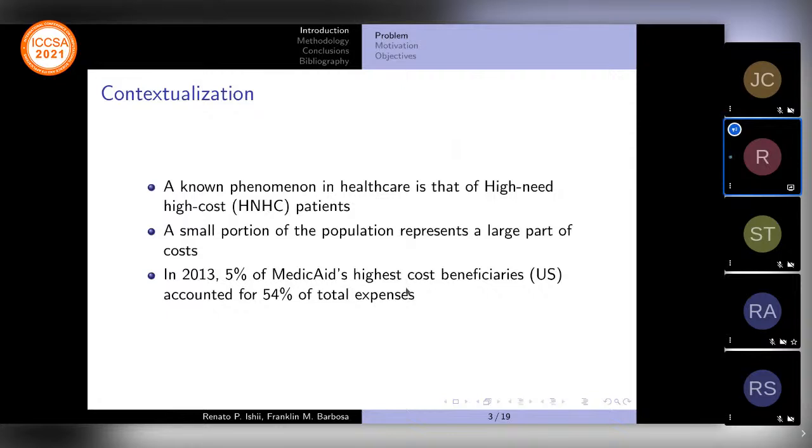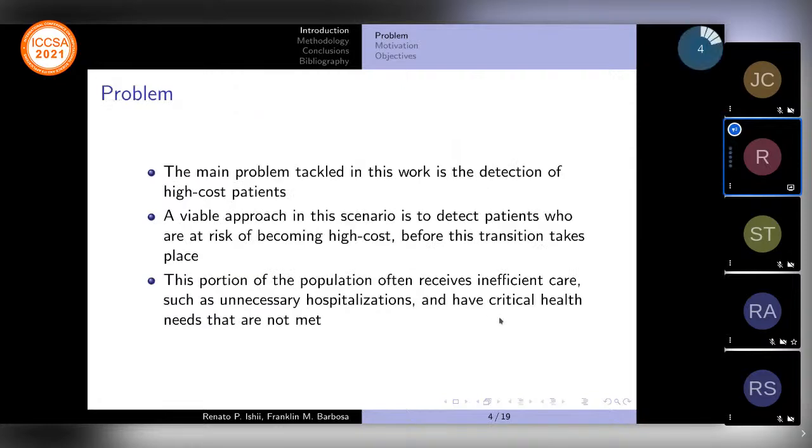For example, in 2013, 5% of Medicaid's highest cost beneficiaries in the United States accounted for 54% of total expenses. So the main problem is the detection of high cost patients.